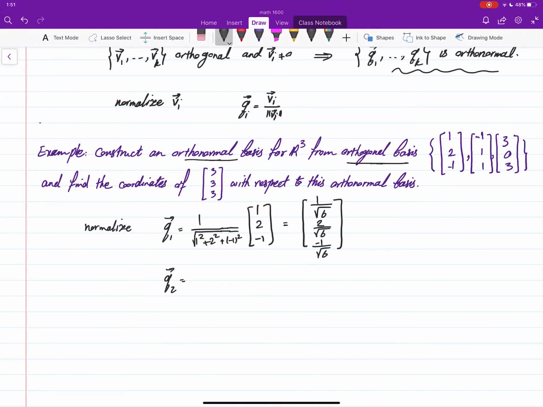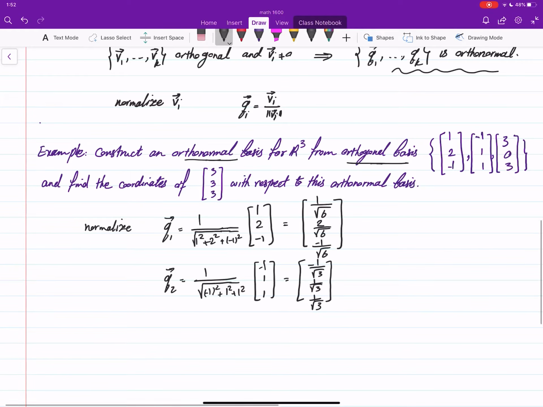q2 is 1 over the square root of negative 1 squared plus 1 squared plus 1 squared, times (negative 1, 1, 1). So from there we have negative 1 over root 3, 1 over root 3, and 1 over root 3. Okay?